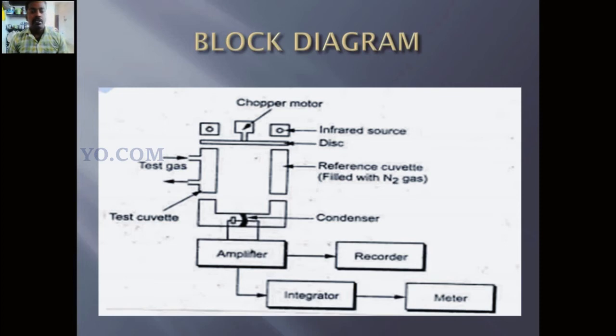The gas on the reference side is heated more than that on the test side. When the infrared rays pass through pure CO2, the gas is heated and the temperature level increases, but on the test side the temperature level is much less.